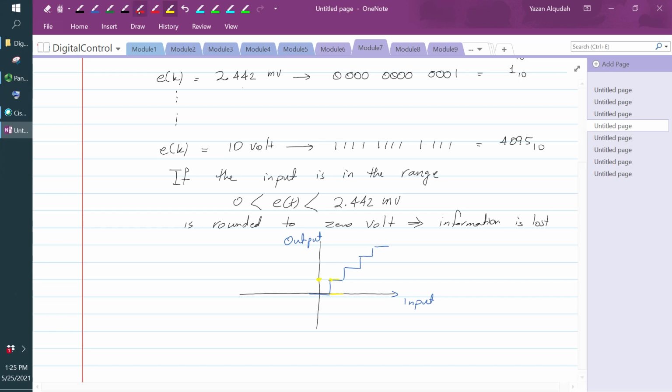If the input is between this range and this range, you're going to be assigning it a fixed value that is here. Now, once you assign it these discrete values, you have no way of knowing the actual value of your input signal. Okay. Now let's go back and look at the sampling process.